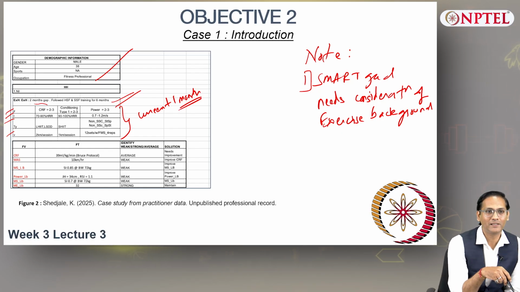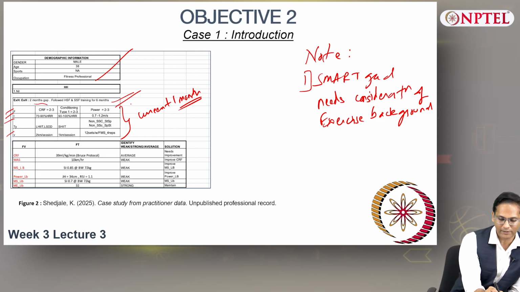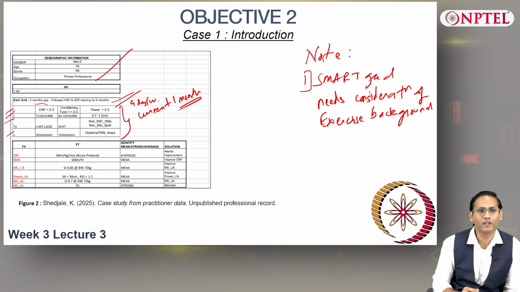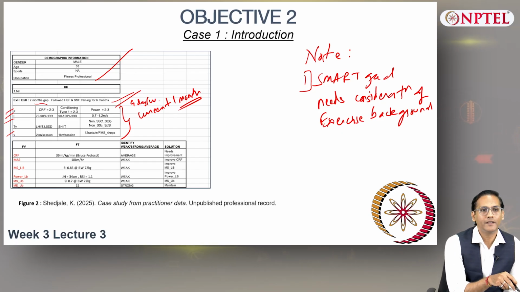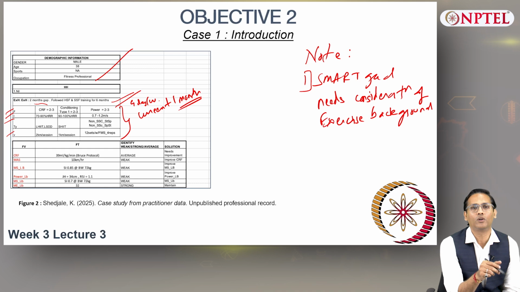Now this information is about the current 1 month. So the exerciser has been exercising. Now this information, the exerciser is exercising for 4 days per week. Among that 4 days, he is training 2 or 3 days for cardio, 2 or 3 days for conditioning, and 2 or 3 days for power. So his 4 days is distributed among 3 fitness variables.